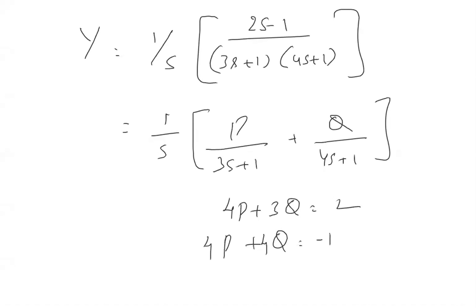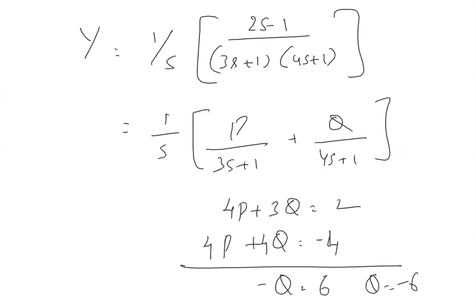Multiply by 4, and we subtract: minus Q equal to 2 minus of minus 4, which is 6. What is Q equal to? Minus 6.